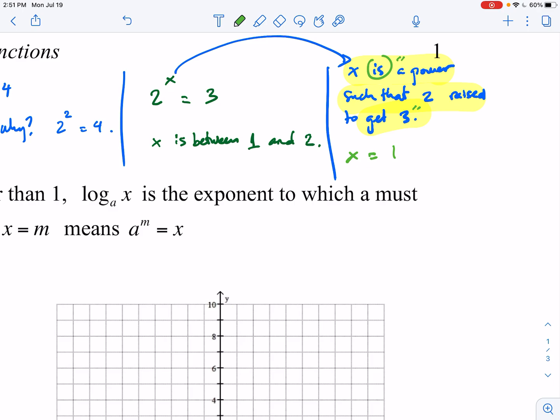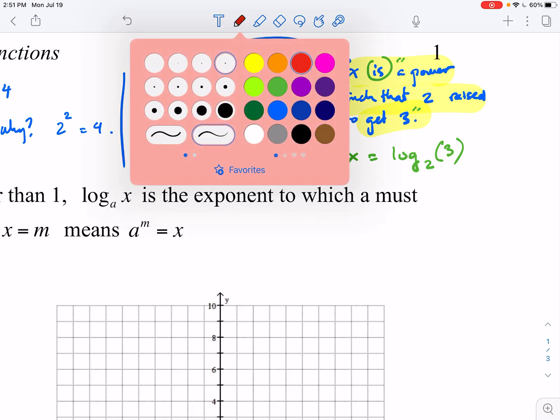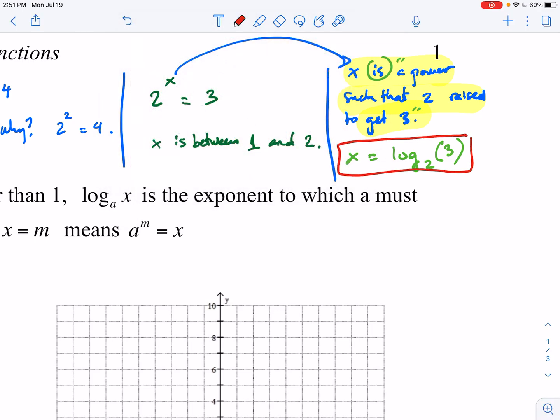We say x is the power such that 2 raised to it gets 3. What we just did is give this phrase a notation, the logarithm notation, log. 2 is a subscript right underneath the log here, and 3 is what we have to get when raising 2 to the power x. So this phrase has been captured using this notation, and that's all it means.